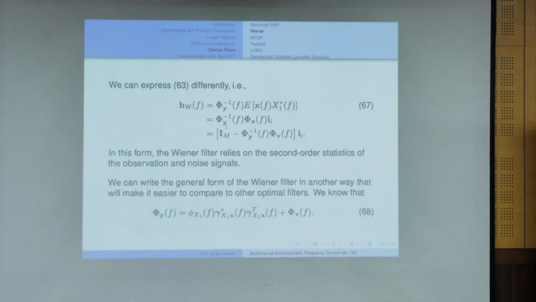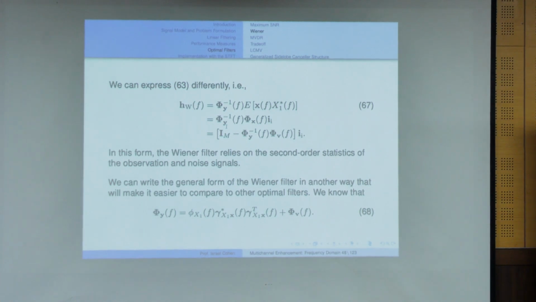It's a very nice way to write different expressions for the same filter using your model. What we did here: this is the complex conjugate, so it looks like that. If I write it H Wiener F, we can write it as phi x1 F.